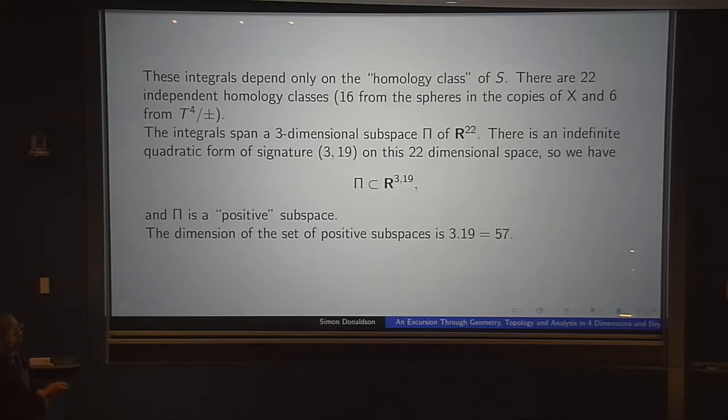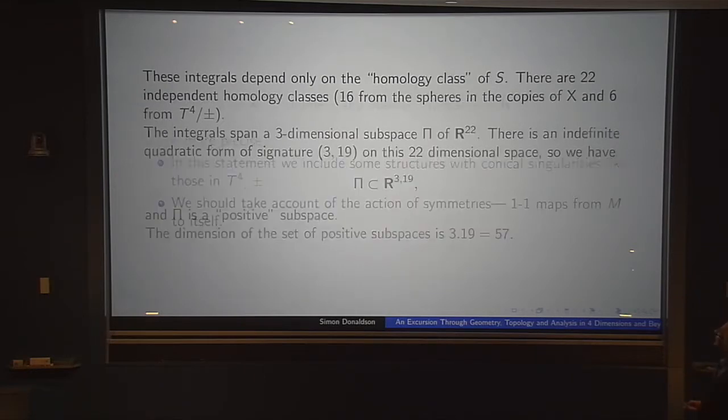In fact, on this R^22, there's an indefinite quadratic form. It's like the Lorentzian forms we talked about briefly at the beginning, but now it's got signature (3,19). And this 3-dimensional subspace has the property that it's a positive 3-dimensional subspace with respect to this form. Now, the dimension of this set of positive subspaces, as you can see, is 3 times 19, which is 57, which is just one less than the 58 that we found before.